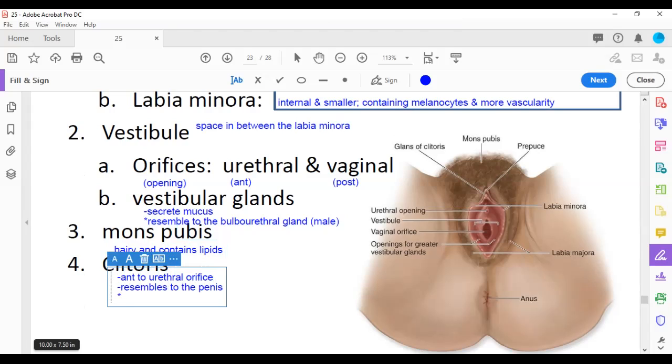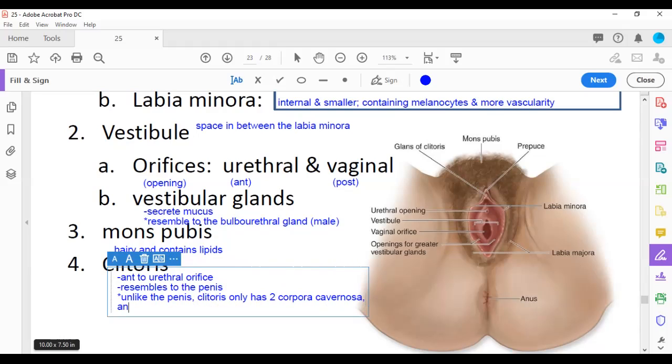But unlike the penis, the clitoris only has two corpora cavernosa and no corpus spongiosum.